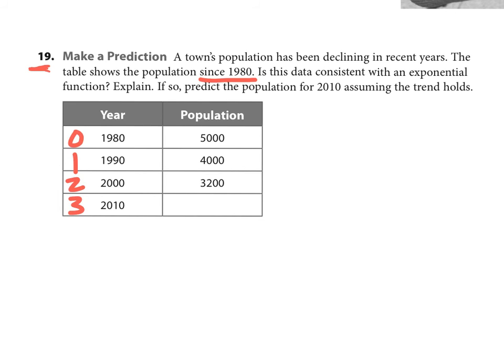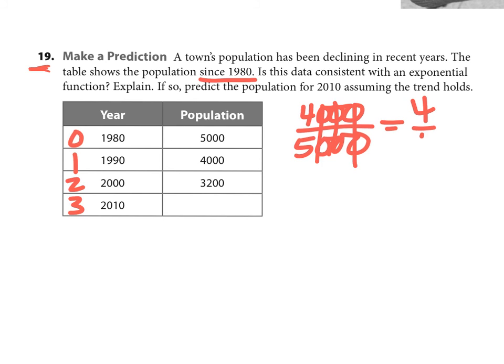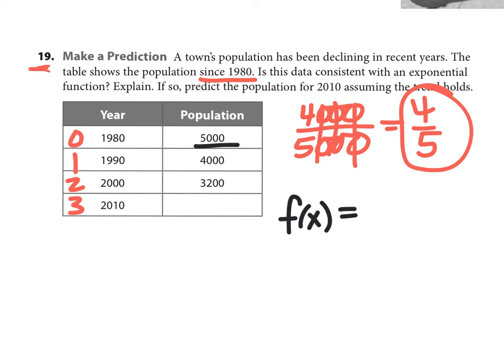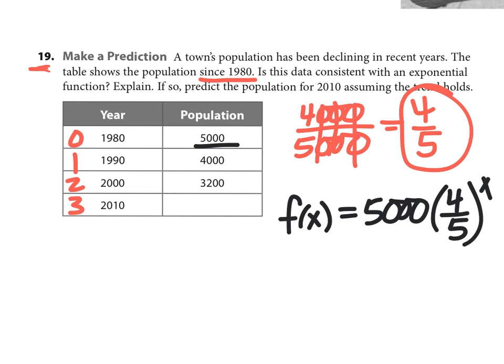They are going down, so again, to get my R, or my B in this case, I take the second term, divide it by the first term. All those zeros go away, so that's going to be 4 over 5, so that makes sense. That's a fraction less than 1. I can now write my function, f of x equals a, that's my zero term, times b to the x. Now what is x here?